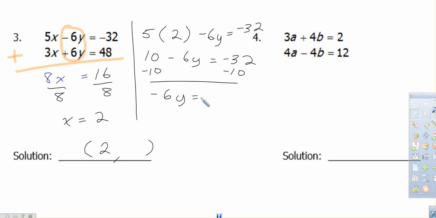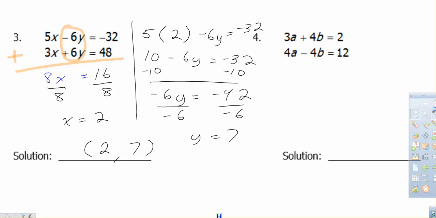Negative 6y equals negative 42. And dividing by negative 6, y equals positive 7. So our solution is 2 comma 7. And just like before, you can plug these in, replace x with 2 and y with 7. You should get 32. Replace x with 2, y with 7. You should get 48. And that ought to make both of those equations true.